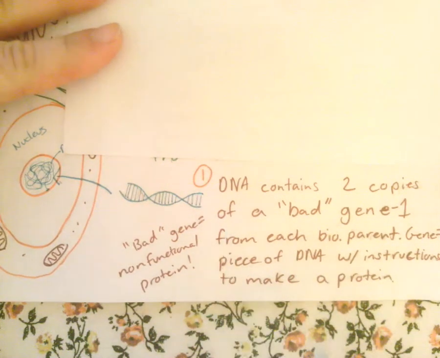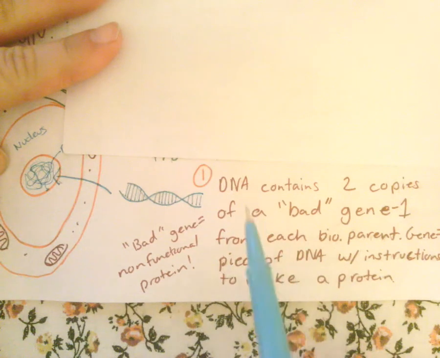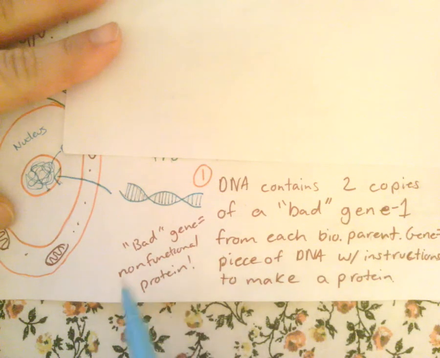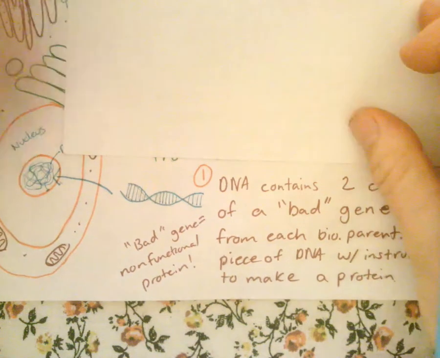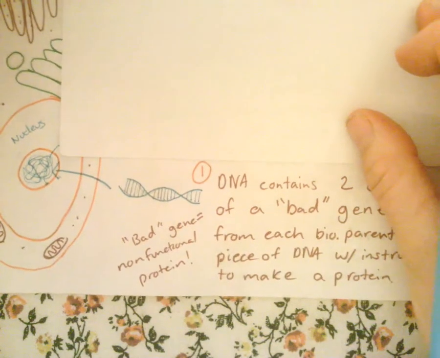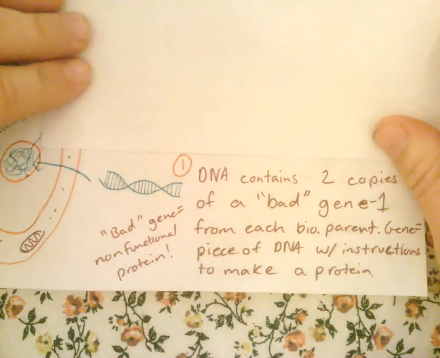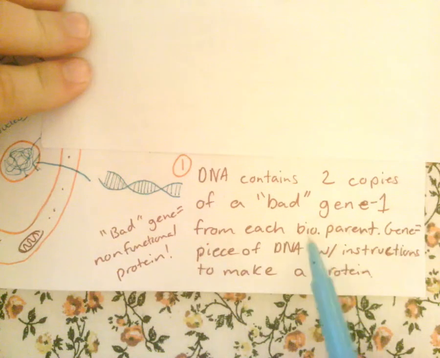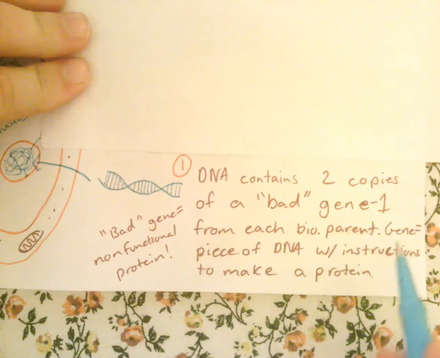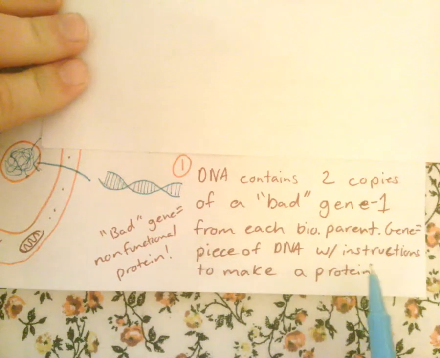So one, if you have cystic fibrosis, your DNA contains 2 copies of a bad gene. Okay, so by bad, I mean that it makes a non-functional protein or a faulty protein that doesn't work in the body. So where do you get these from? You get them from your bio parents or your biological parents, so whoever your mom and dad are biologically, that's where they came from.